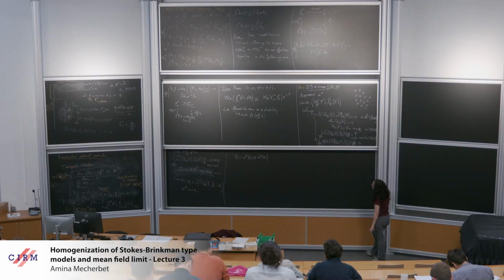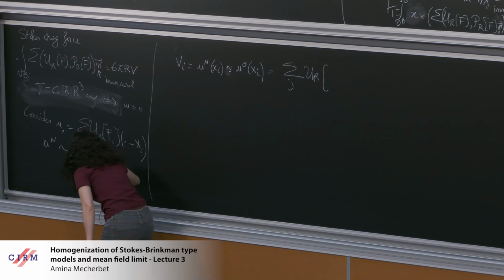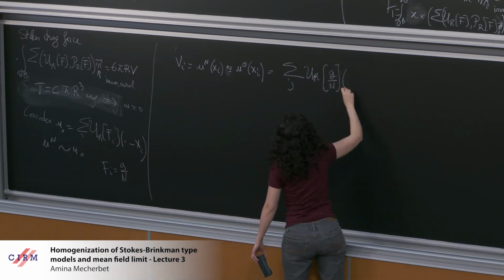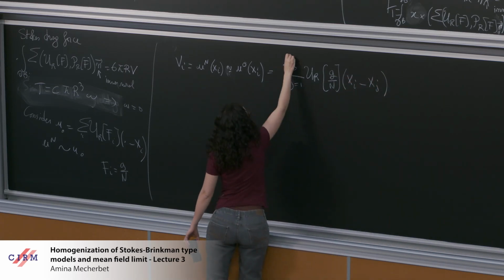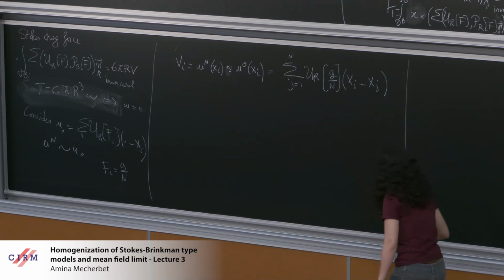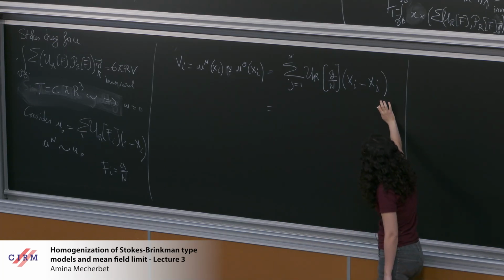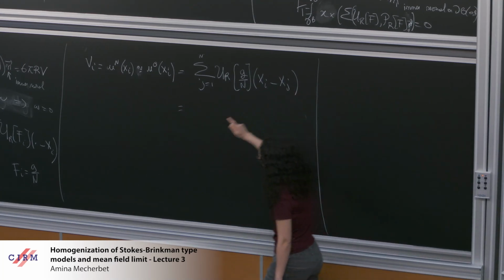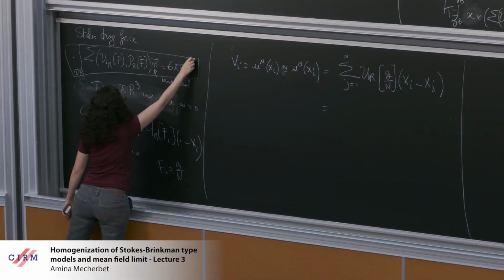So now if you evaluate this sum, let me put Fi, I said Fi is J over N, so we have J over N evaluated in Xi minus Xj. If J is equal to I, you get the flow around the ith particle that you evaluate on the ith particle. But this is exactly the V that you can get from this relation.